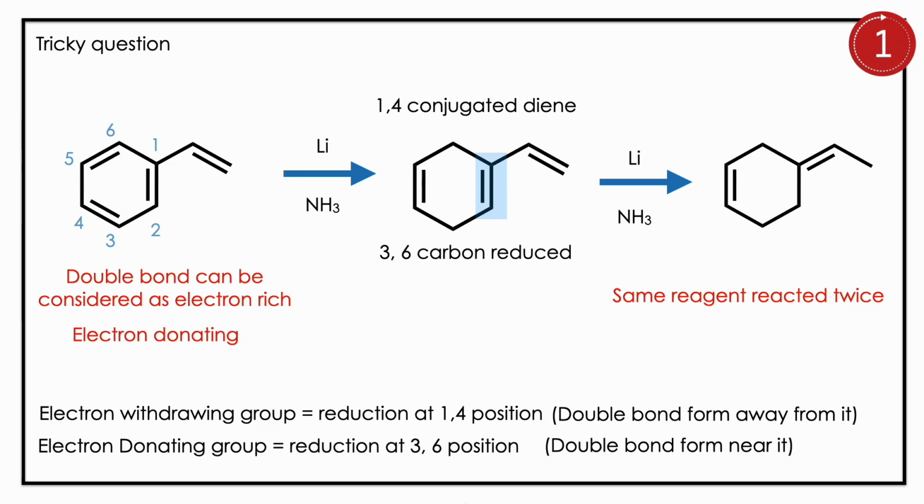You have the final reduced product, which is the 1,4 reduction. So if you look at the problem, two Birch reductions happen consecutively. The same reagent reacted twice. The concept you have to learn here is to always look for the functional group. Until the functional groups are available, the reagent reacts, and you end up with multiple consecutive or parallel reactions.